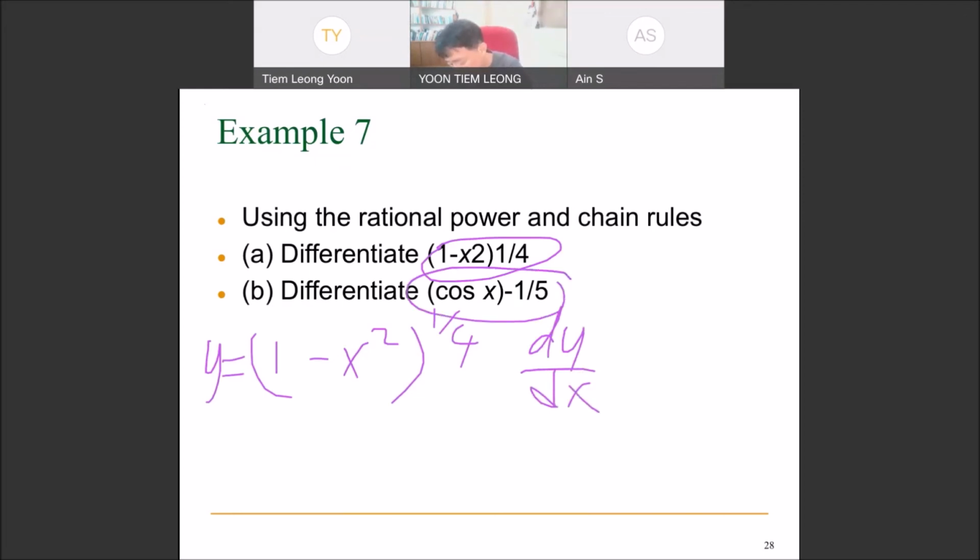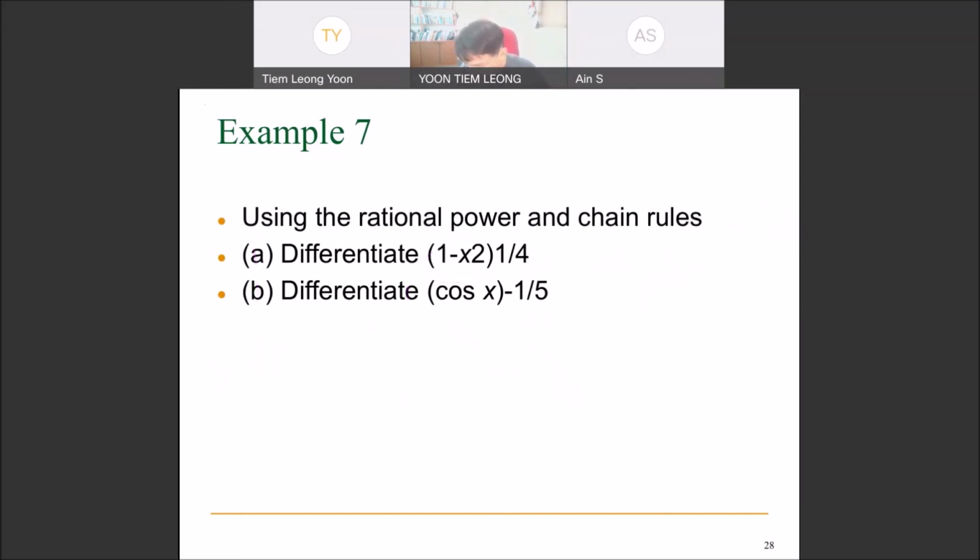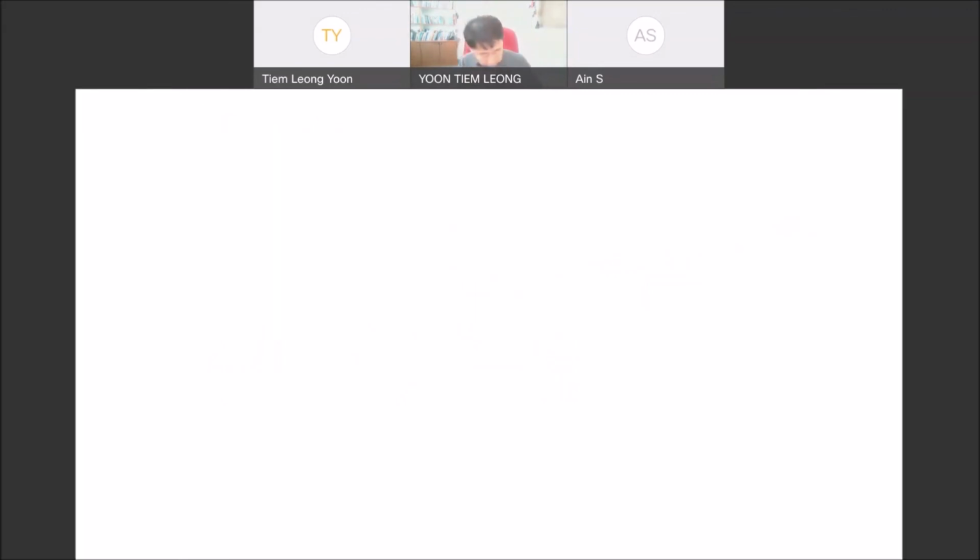And for this part, it is actually cos x raised to the power of minus 1 over 5. The PowerPoint is not shown correctly on the iPad, so I'm sorry about that. Let us see how to do the calculations, which is quite straightforward. I'm going to use my whiteboard to do the calculation.